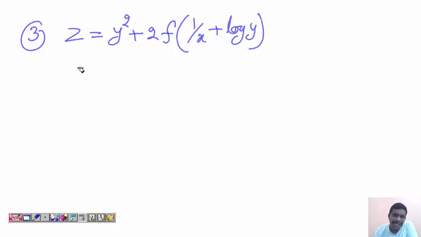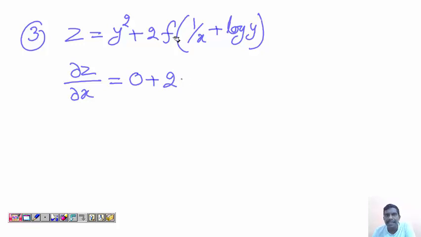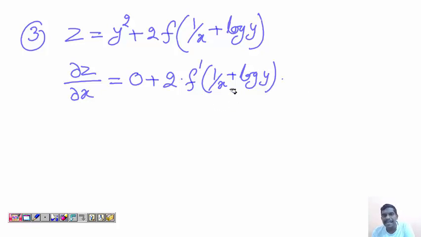For this, once again the same rule. First you try to find out the partial derivative dou z by dou x, which is nothing but y square, which will be 0 because we are differentiating with respect to x, plus 2 into the differentiation of f, which is f dash of 1 by x plus log y, into the inner differentiation with respect to x, which is minus 1 by x square, because differentiation of 1 by x is minus 1 by x square.